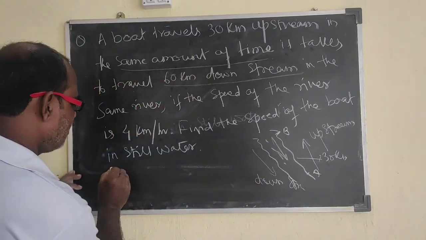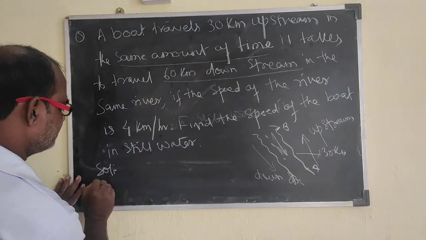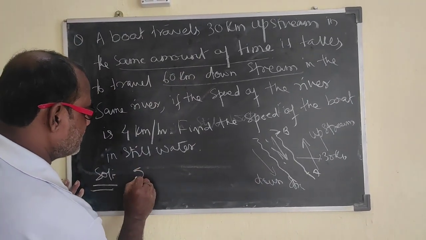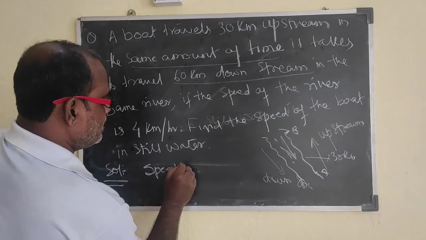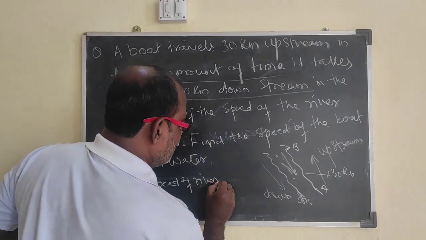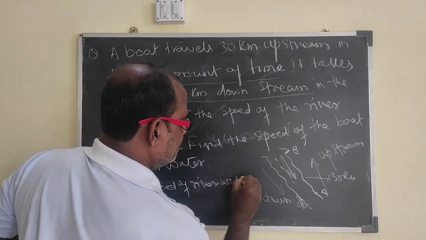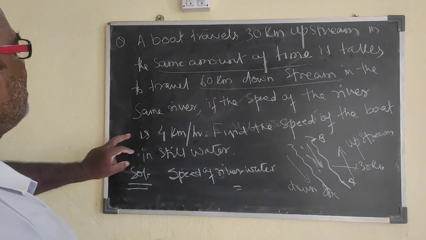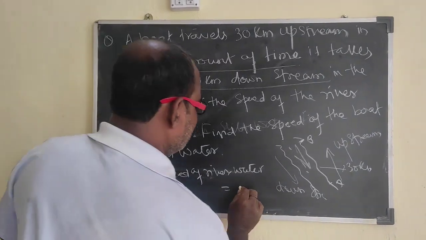So here, first solution: speed of river water is equal to, how much is it given? 4 km per hour.